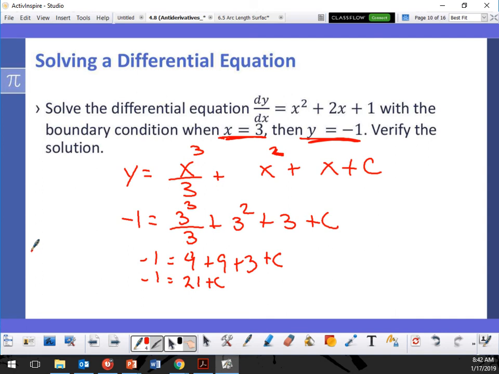So subtract 21 from both sides, right? So my c is -22.